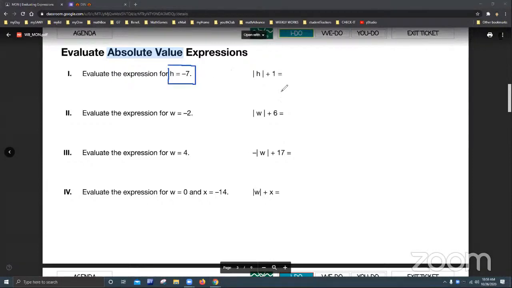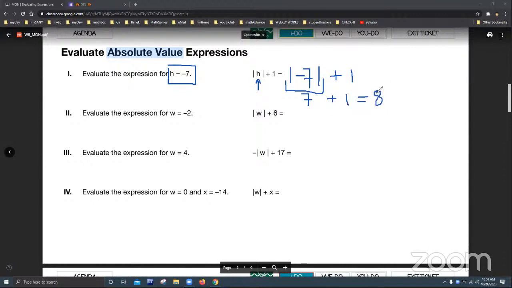So instead of letter H, I need to replace it with negative 7. I'm going to open up my absolute value bars, which are straight brackets. Inside the straight brackets, I put the value for H, which is negative 7, and there is a plus 1. Whatever is inside the absolute value becomes positive, which means it becomes 7 itself, right? Not negative 7. And plus 1 becomes 8.